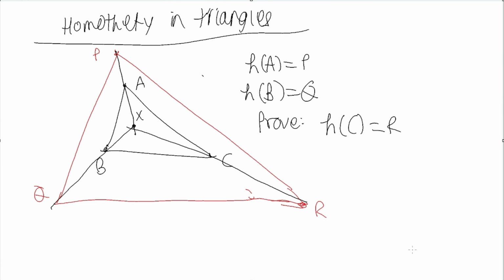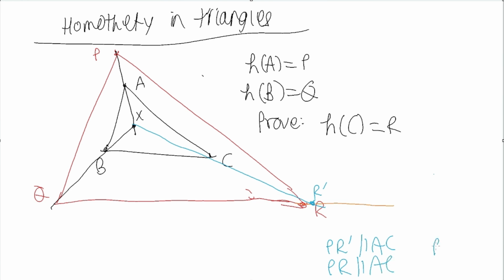And this means that these points are also collinear. If you want to be slightly more rigorous with this, then we can use phantom points. Specifically, let XC intersect this line here again at this point R prime. Then we know by homothety that PR prime is parallel to AC, but so is PR.